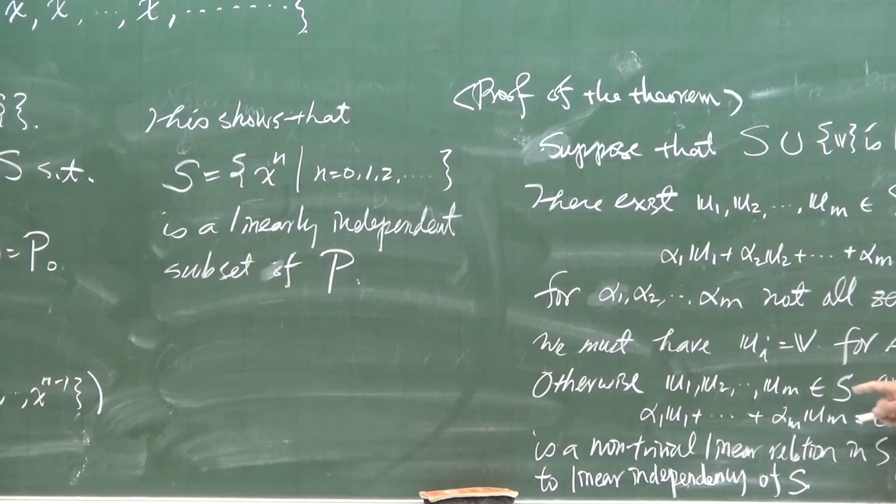So you can't have this situation. One of them, u1, u2 up to um, must be equal to V.